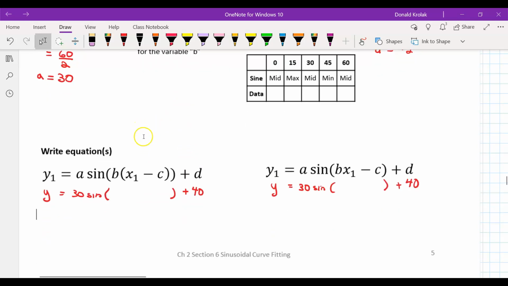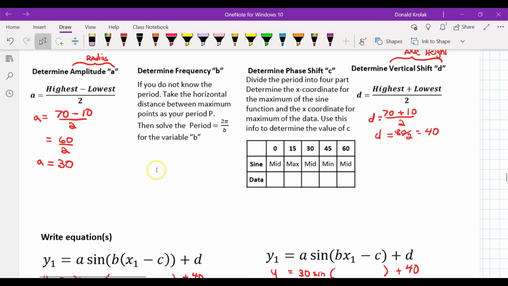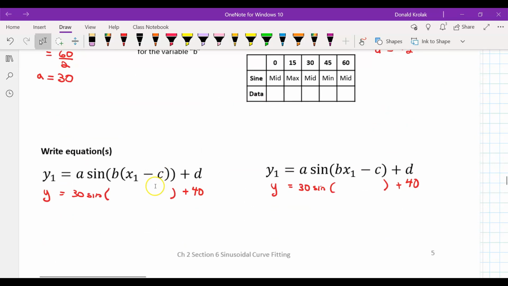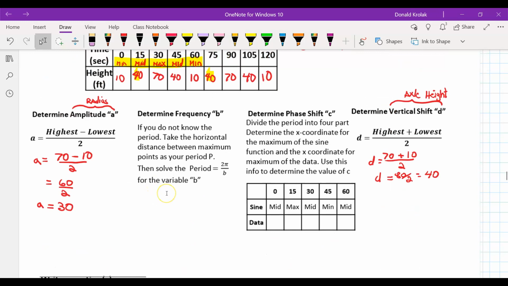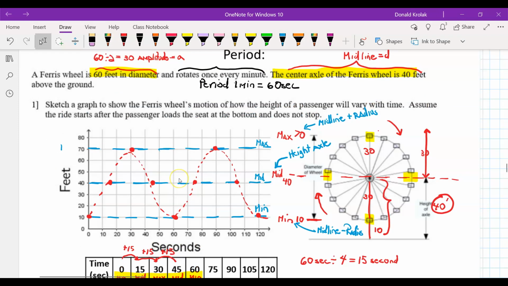All right, now we got to get the frequency, B, and then the phase shift, right and left, which is C. Okay, so to get the frequency, you're going to take the horizontal distance between the two maximum points as your period. Now, you already know your period, so you don't have to do this part.